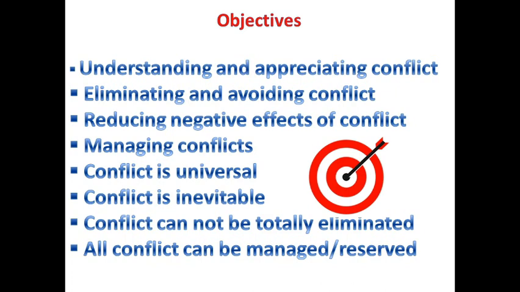So: understanding and appreciating conflict, eliminating and avoiding conflict, reducing negative effects of conflict, managing conflicts. Conflict is universal, conflict is inevitable, conflict cannot be totally eliminated, all conflict can be managed and resolved.